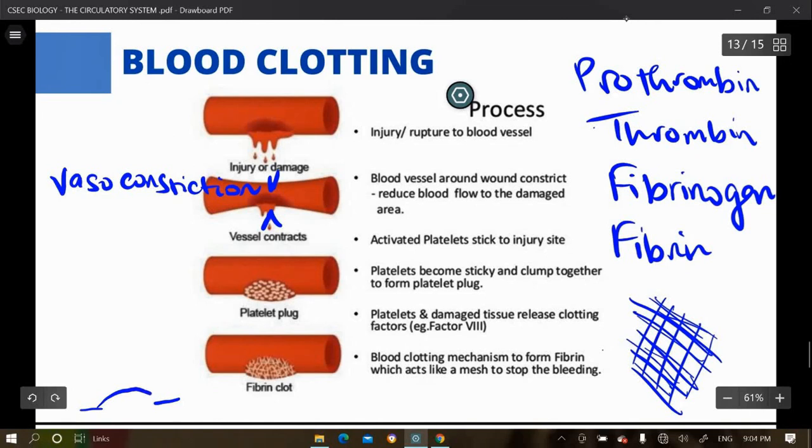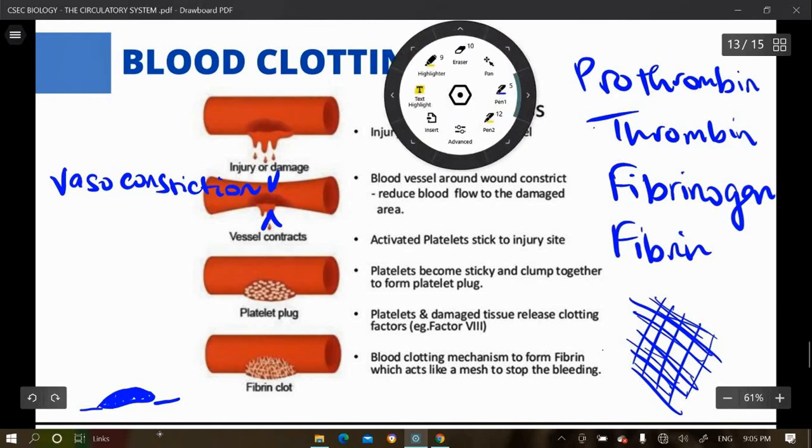Let's say this is the clumped together fibrin and platelets. New skin will start to form under here.